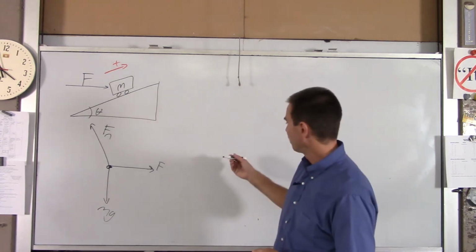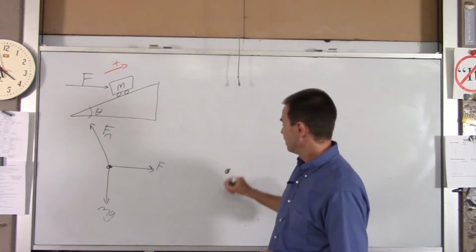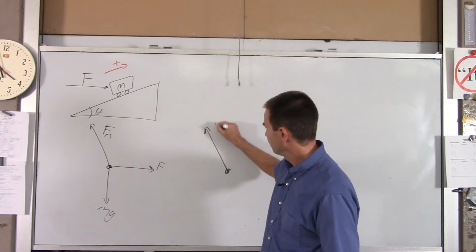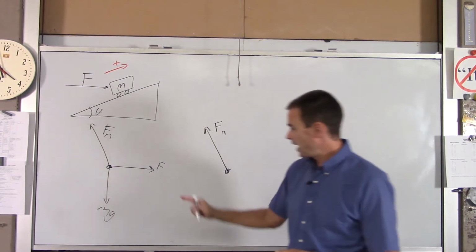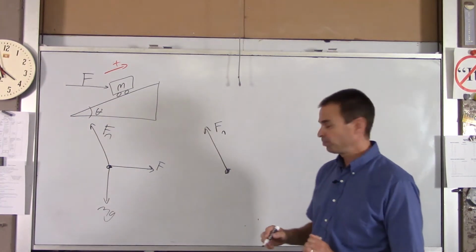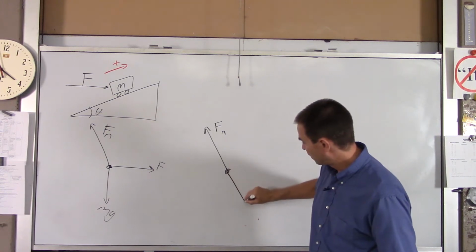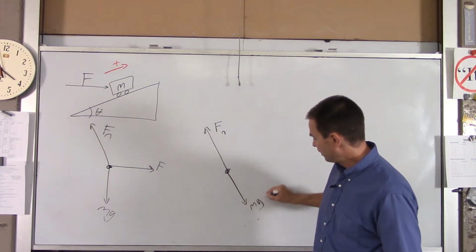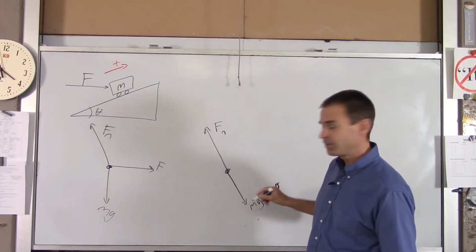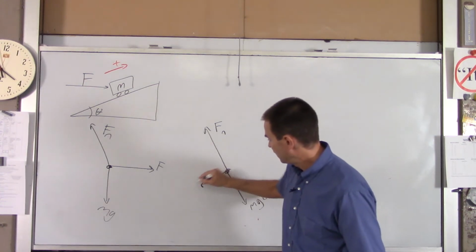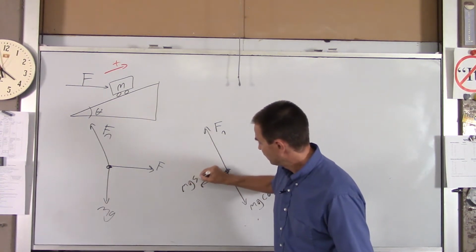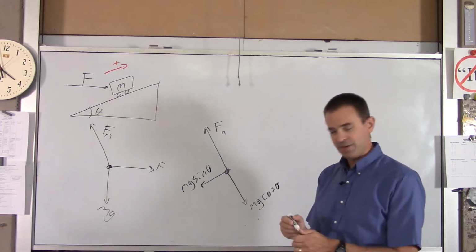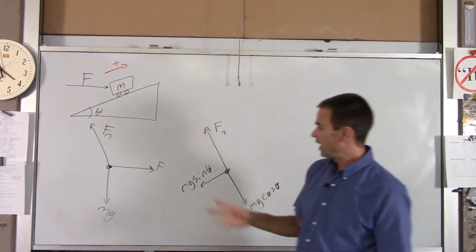So I'll redraw the FBD over here. Fn is all good. mg, we're well accustomed to splitting that into components. The two components are mg cosine theta and mg sine theta. Now F, you've got to be careful with. F has two components.